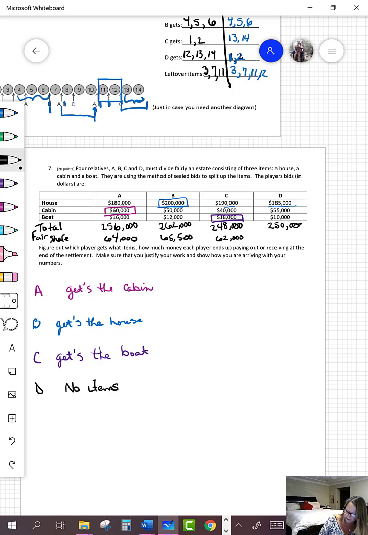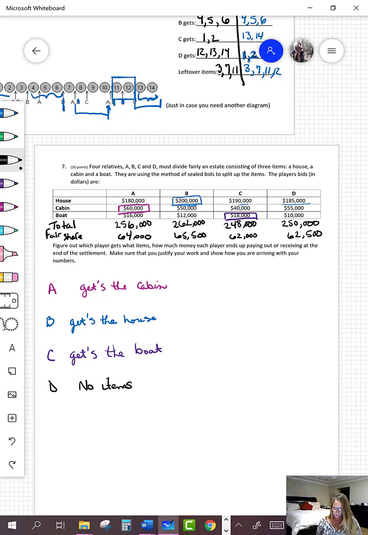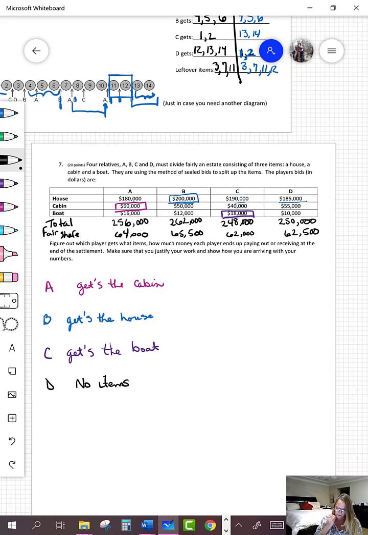Divided by all 4 players, they would feel happy with $62,500 of property worth or more, or money. Okay, so let's see, how much does the pot get? So the pot gets the following.